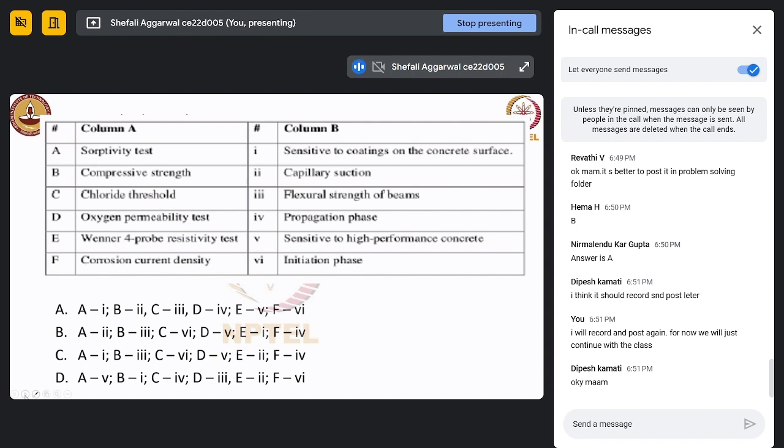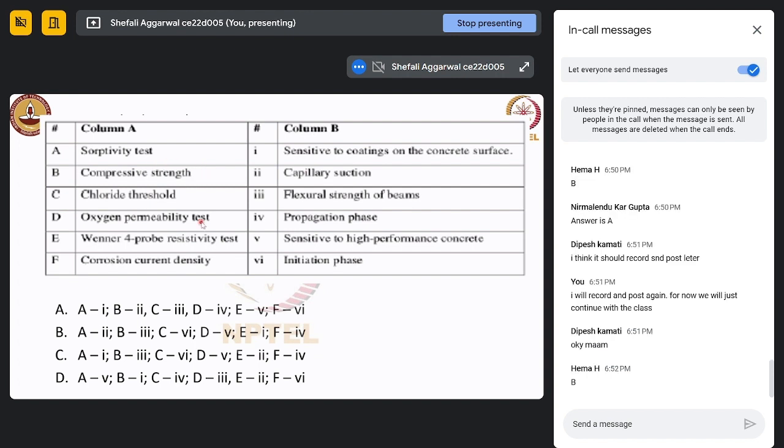Okay, first is the sorptivity test. What do you think the sorptivity test is checking? For suction properties. What can be the solution for the compressive strength test?